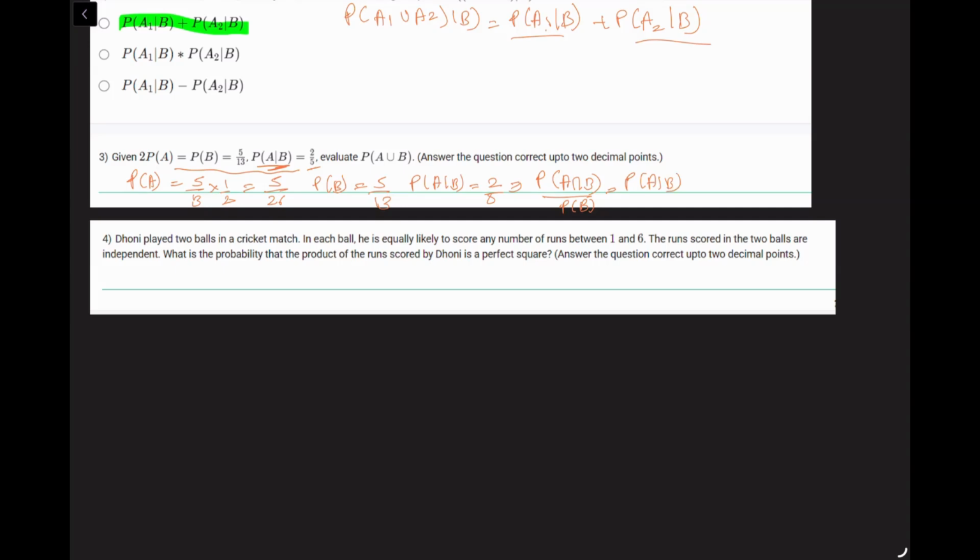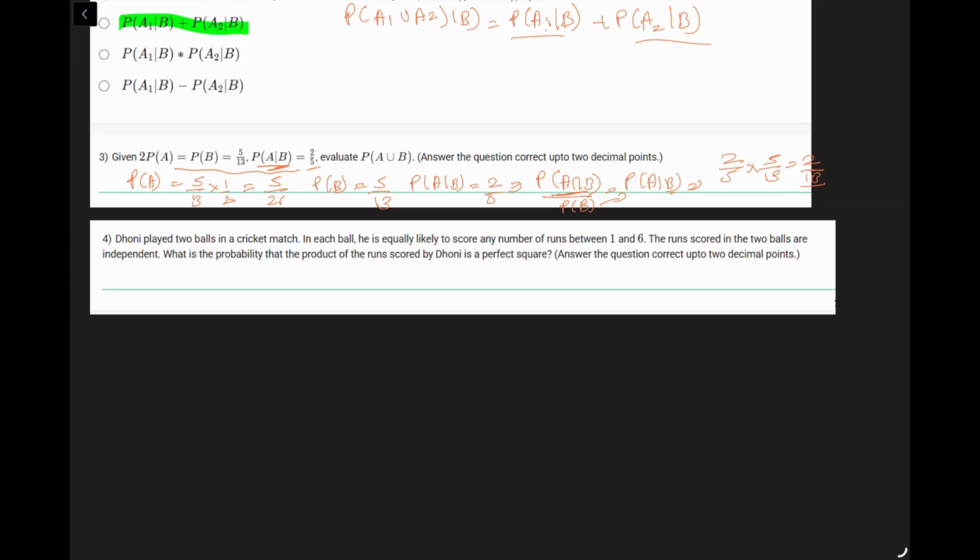If we rearrange, we get the equation as 2 over 5, this goes up, this gets multiplied to this, and you get the intersection formula. So 2 over 5 times 5 over 13 gives you 2 over 13. This is the probability of A intersection B.